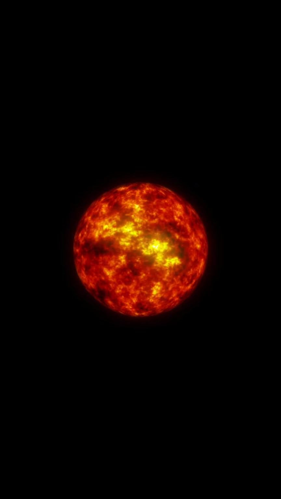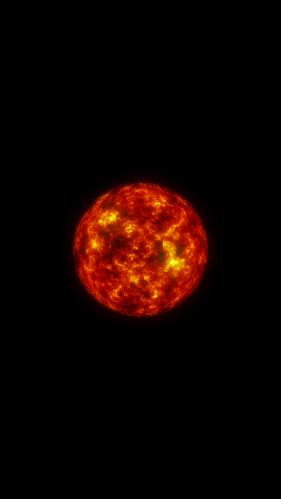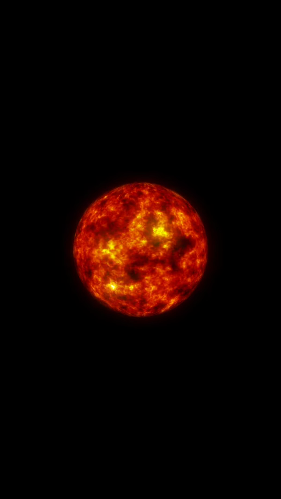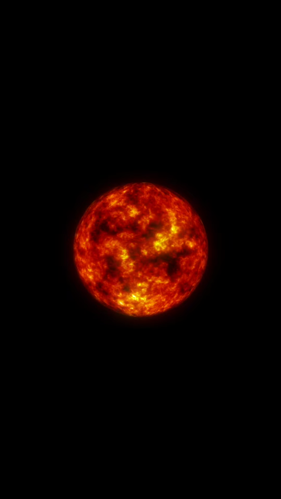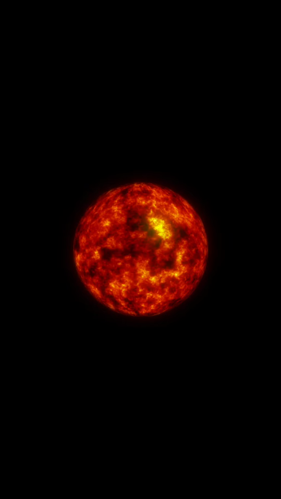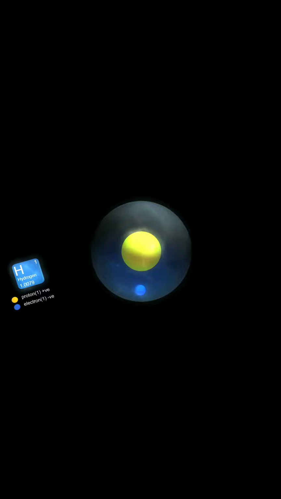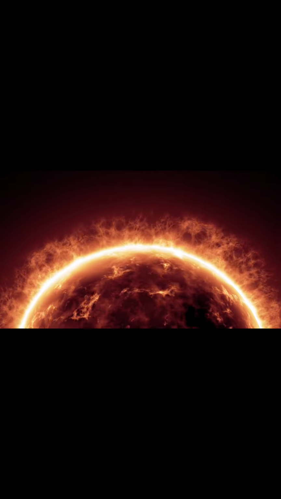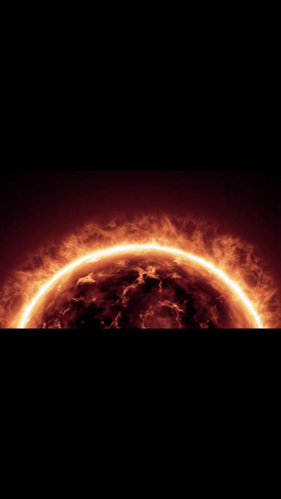With this in mind, let's jump back to nuclear fusion. Hydrogen is the first element on the periodic table and affects all of the other elements that come after.